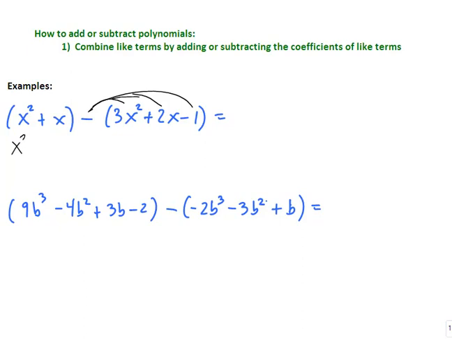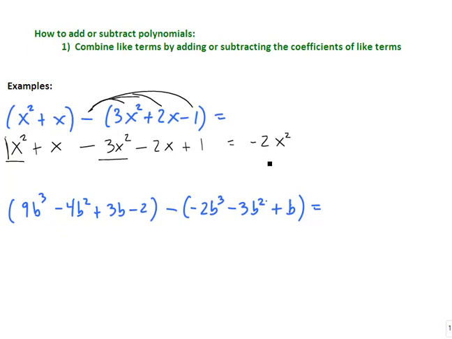So this becomes x squared plus x minus 3x squared minus 2x plus 1. And now we're going to add like terms, so x squareds with x squareds. So we have a 1x squared right here and a minus 3x squared. 1 minus 3 is negative 2x squared, so only the coefficient changes.